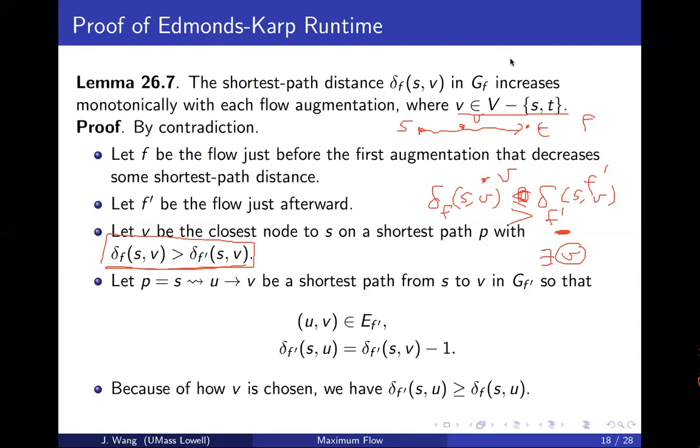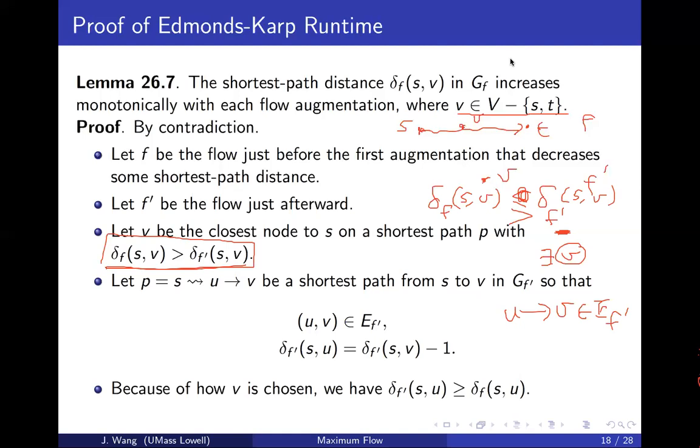So on this path P, we have a node U before V. Because V is an intermediate node, U could be S, right? But there must be some node before V such that U to V is an edge in E of F prime.